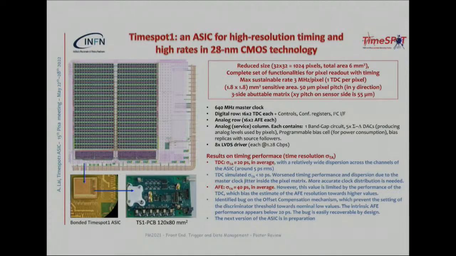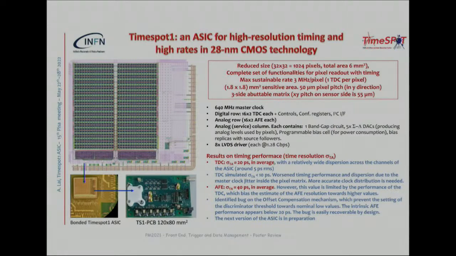And to finish, two posters which have quite interesting applications. This here is the development of a chip in CMOS technology, which is called Timespot. It's designed for high rates and high track densities, and you need timing information on pixel level. So it's a CMOS chip with a 32 by 32 pixel matrix.